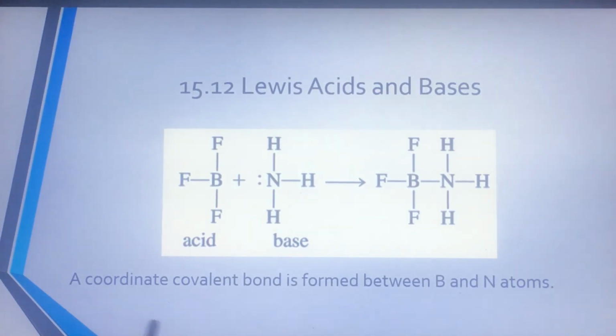A coordinate covalent bond is a special type of covalent bond in which the electrons of the shared bond come from only one substance, unlike the simple covalent bond in which one electron comes from one compound and the other electron from another compound, so they are shared.